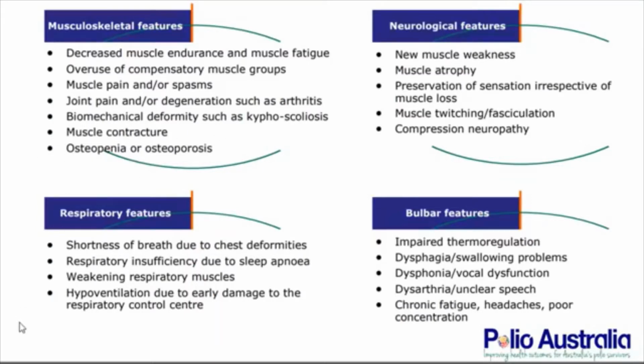The third one I want to mention here is the chronic fatigue. We have central fatigue coming out of the bulbar area, mechanisms there. And we also have peripheral fatigue, where we may use a limb or a muscle group and that limb gets tired. This fatigue is particularly relevant because while there aren't usually any cognitive deficits from having had polio, there can be apparent ones.